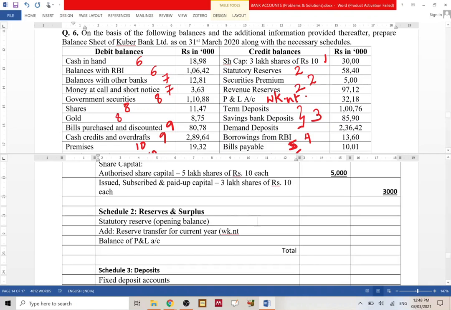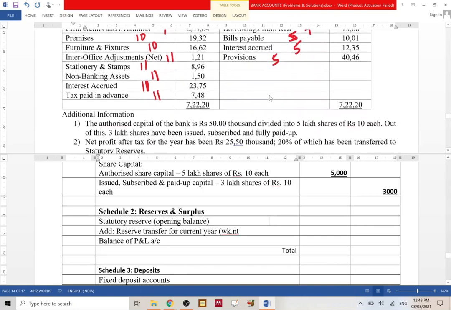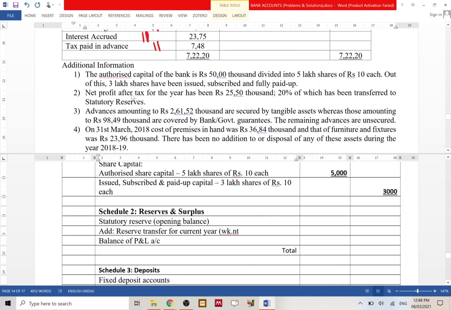Amount is, I will write it a little further here, again inside the column, 5,840. That is the final balance, but it says net profit after tax for the year has been this much, and 20% of this has been transferred to the statutory reserves.